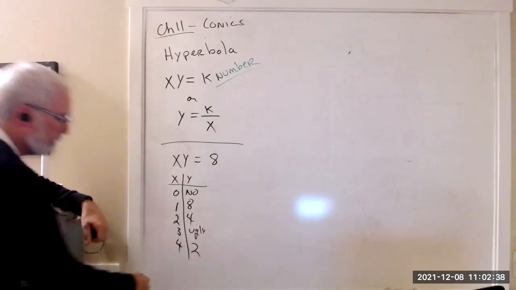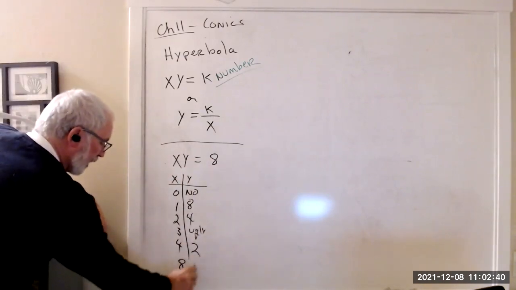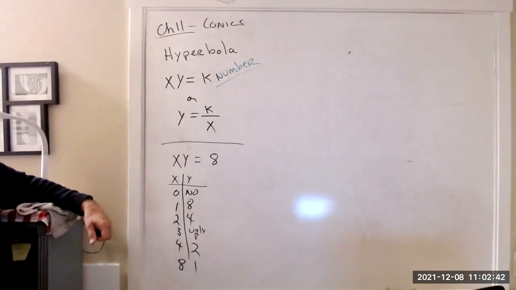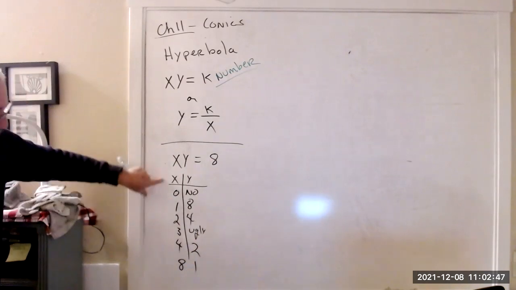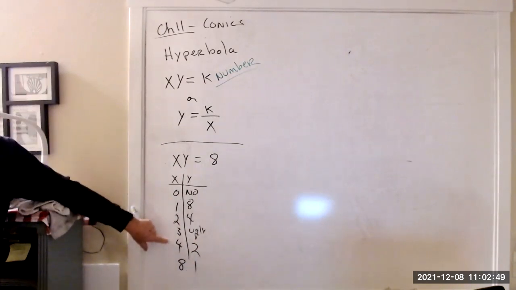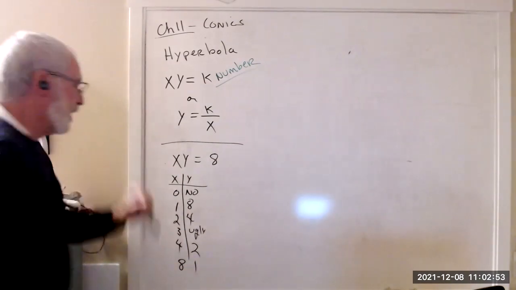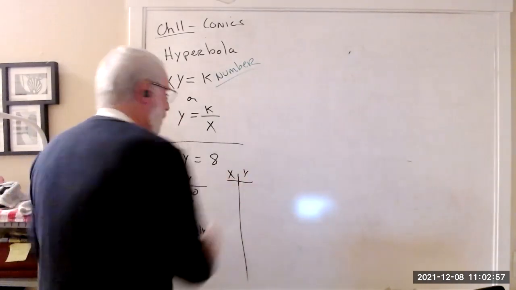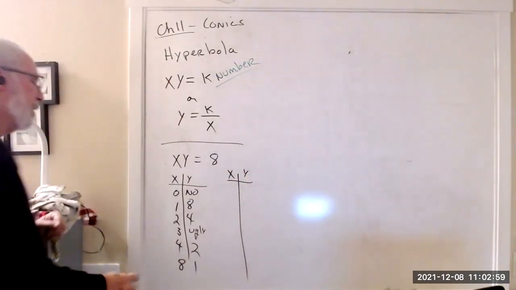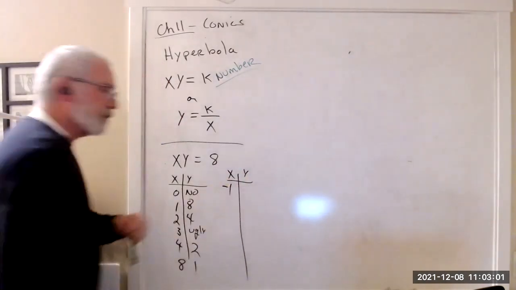And we're just going to go on. Can x equal 8? 1. So you don't have to do all of these. You just have to do enough of these to get a general idea. Now, I said you draw two tables because x could be -1.